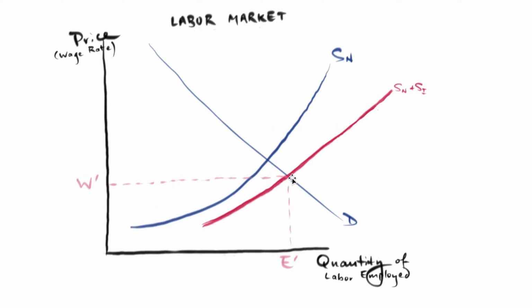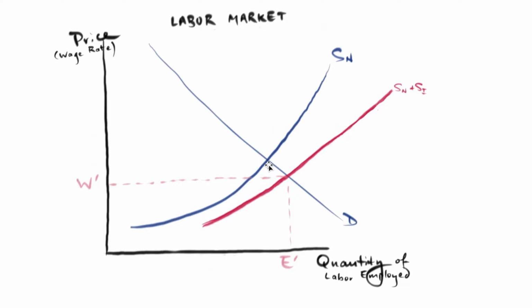And this new equilibrium occurs where supply and demand intersect. The equilibrium wage is W prime, and equilibrium employment E prime. So relative to the equilibrium before immigration, wages are lower, but total employment has increased. Now, of course, part of the reason employment has increased is there are simply more workers. These immigrants have added to the labor supply.